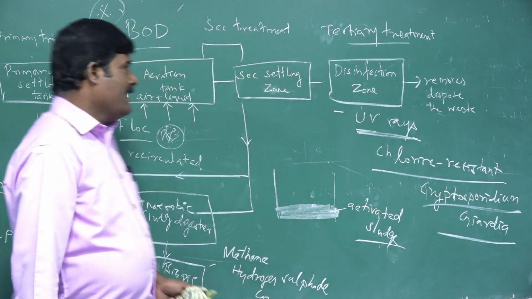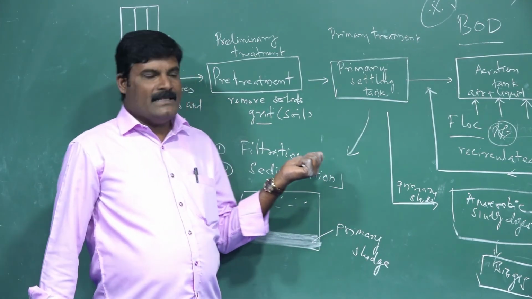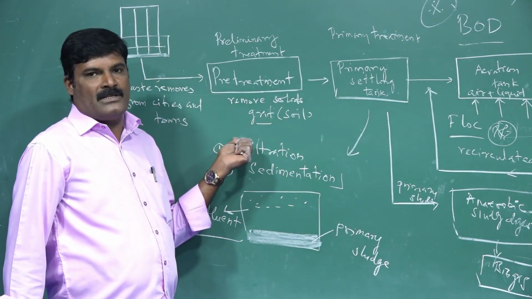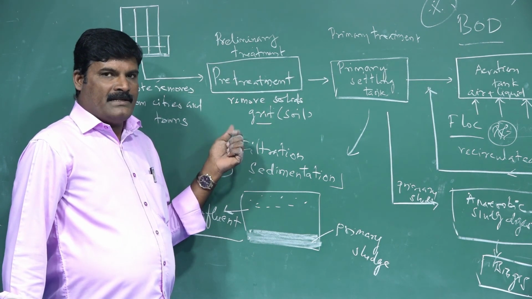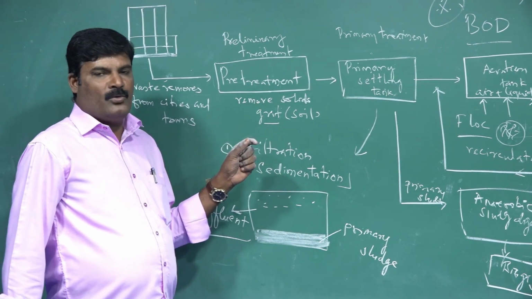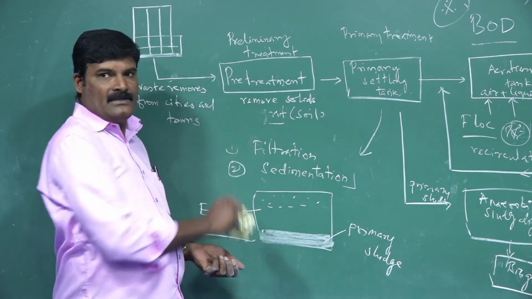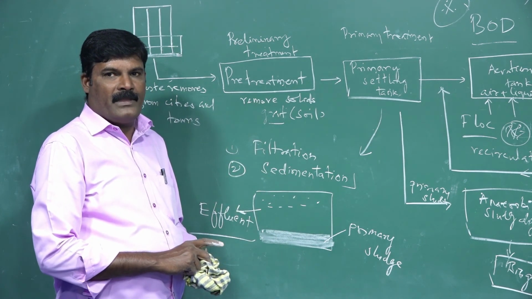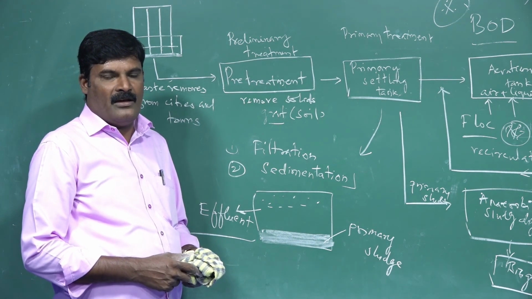Okay, students, this is an important part of this lesson, wastewater treatment. This process cannot be avoided; it must be carried out. Wastewater treatment plants are located in Auroville, near Puducherry, South India.